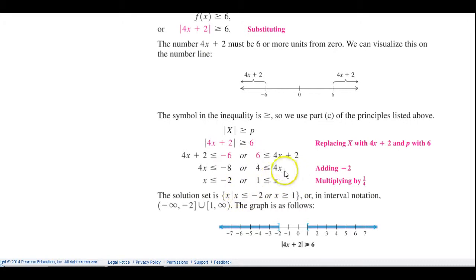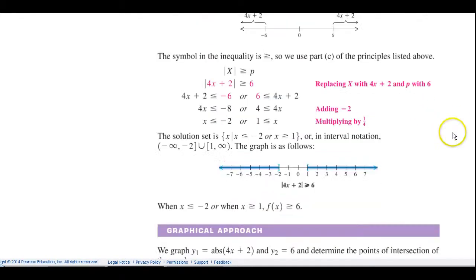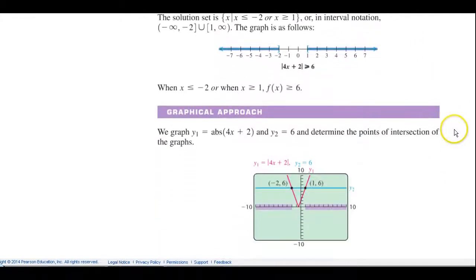And when you get your solution, which is what they have right here, and you graph it and then show it in interval notation. Notice, anytime your absolute value is greater than, you're going to get a disjunction. And I think we've gone over enough examples, although they're giving us more.